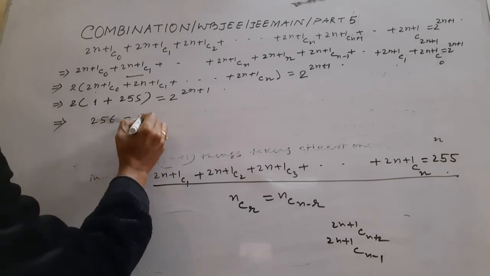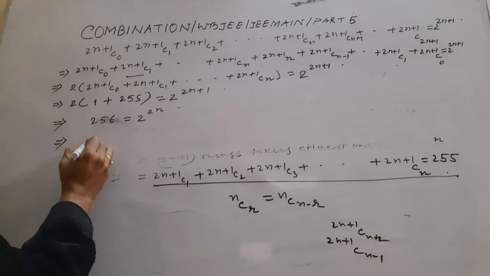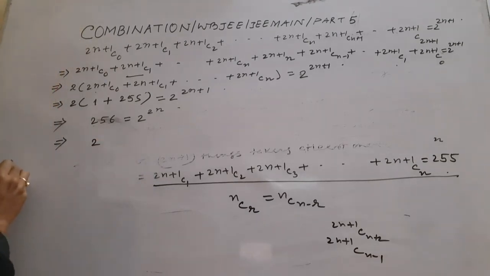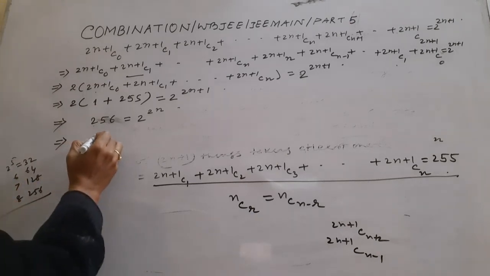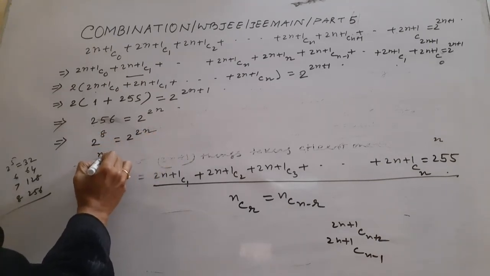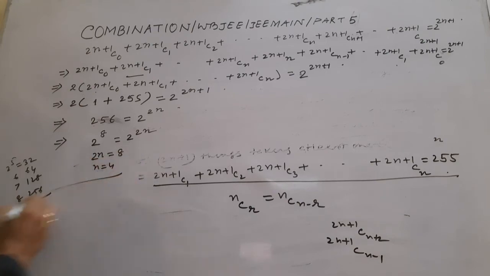So 256 equals 2 to the power 2n. 2 to the power 5 is 32, then 64, 128, 256. So 2 to the power 8 equals 2 to the power 2n. So 2n equals 8, so n equals 4.